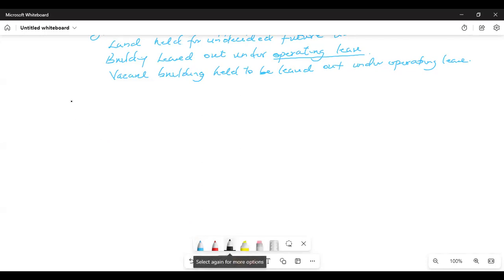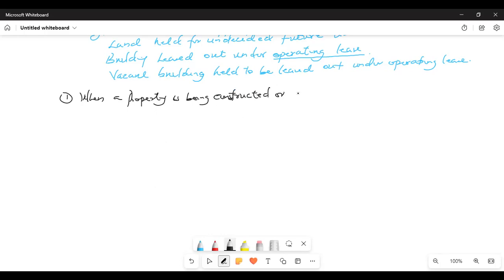Key point number one, when a property is being constructed or developed for use as an investment property, what you should know is that IAS 16 will apply until the property is ready for use, at which time the investment property standard will follow.